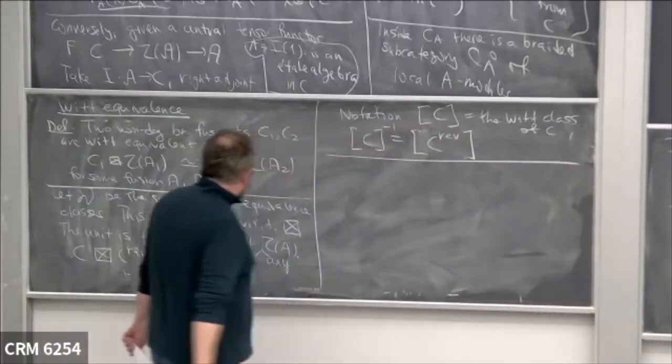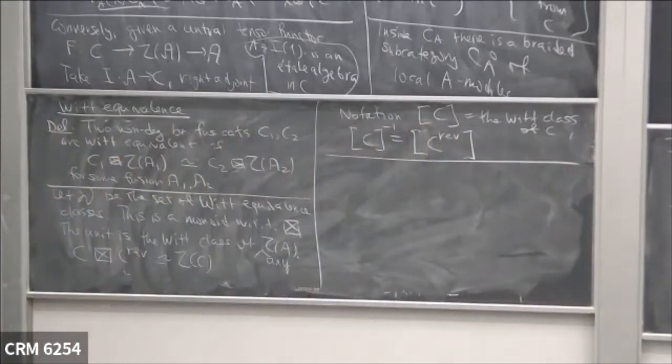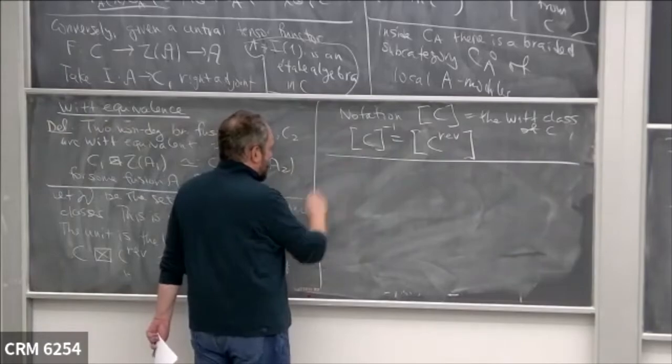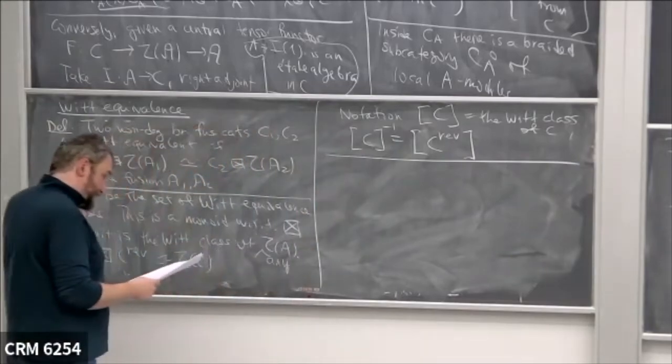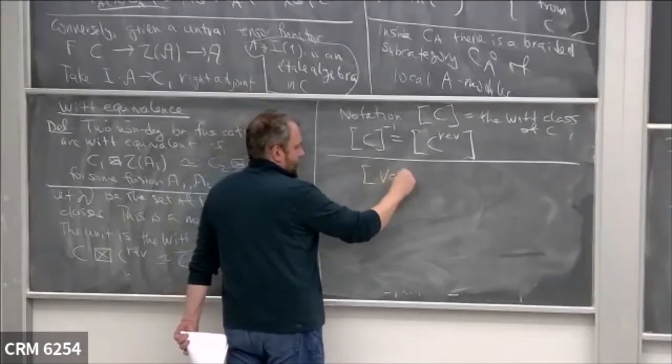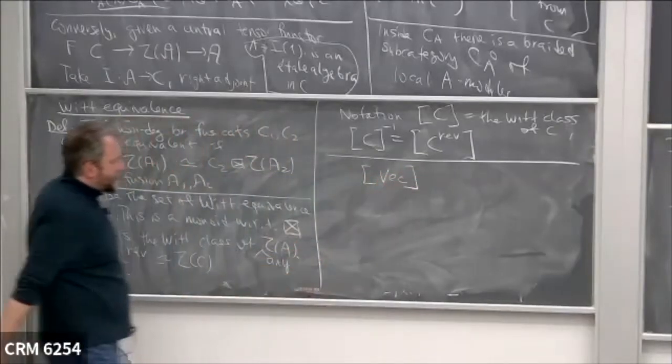Now, it's worth mentioning which categories are in the trivial class. I think it would be appropriate to denote the trivial Witt class like this, the Witt class of the trivial category.